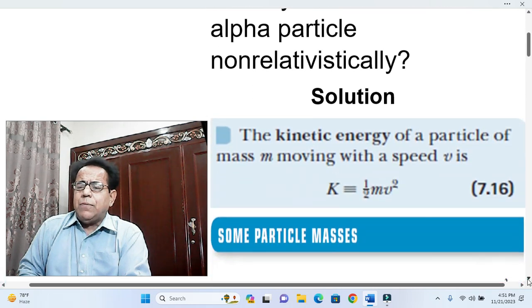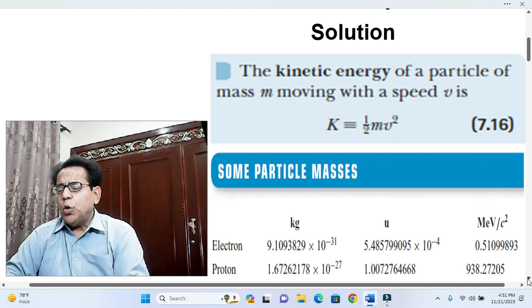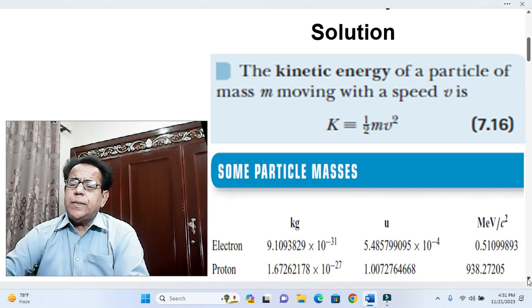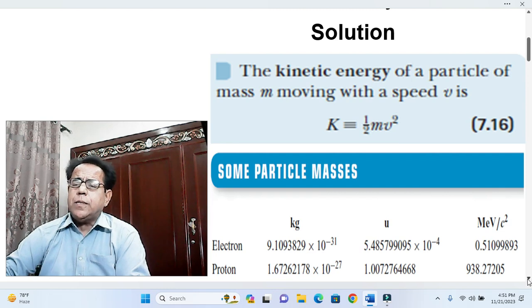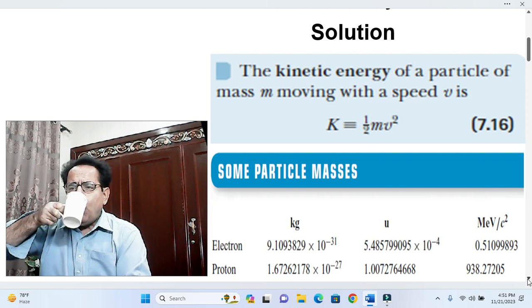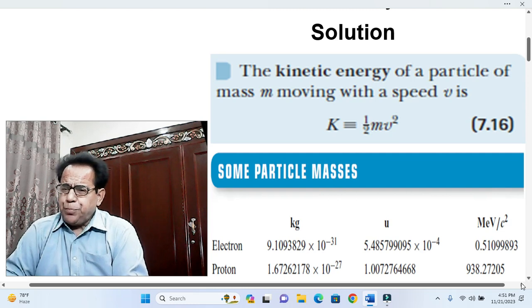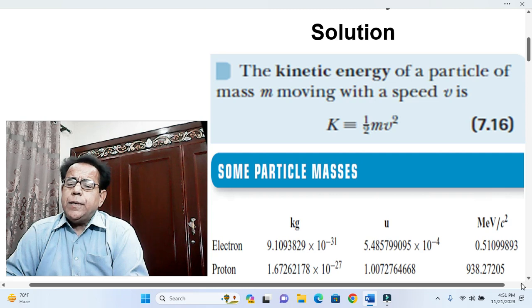Before starting our solution in a proper manner, we have to go through a few snapshots which will provide a foundation for our solution. First snapshot is about kinetic energy as calculated in Newtonian mechanics or classical mechanics.